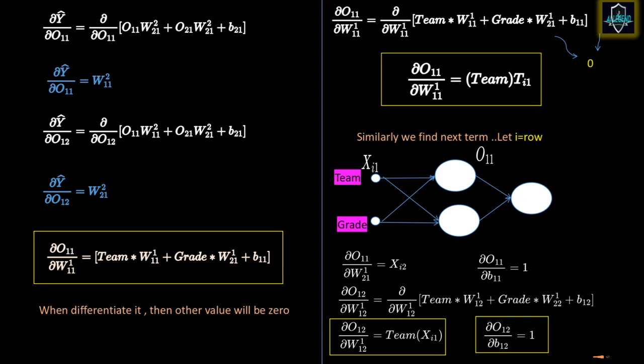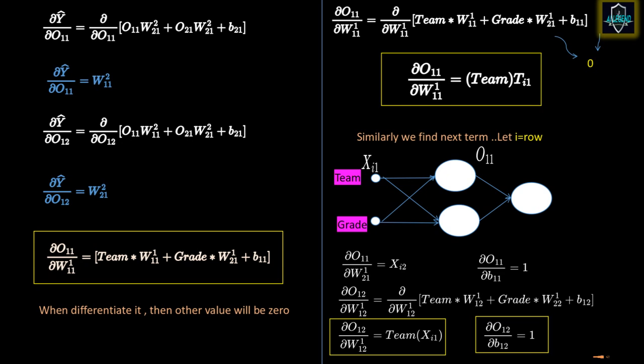So we are differentiating it, the rest will be 0 where O11 is not present, so only in the first term O11 is present with the W211. So the resultant will be W211, as you see. Similarly, del y hat over del O12 will do the same thing, and what we are getting is W221.